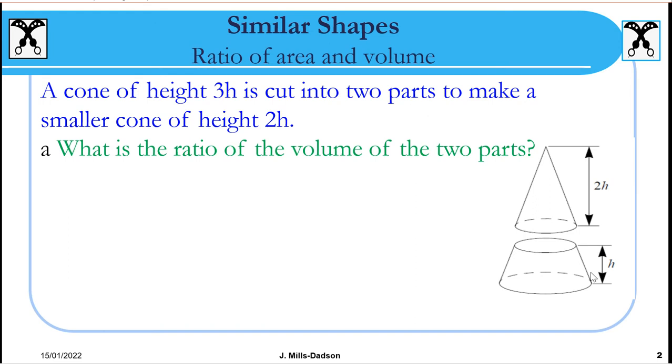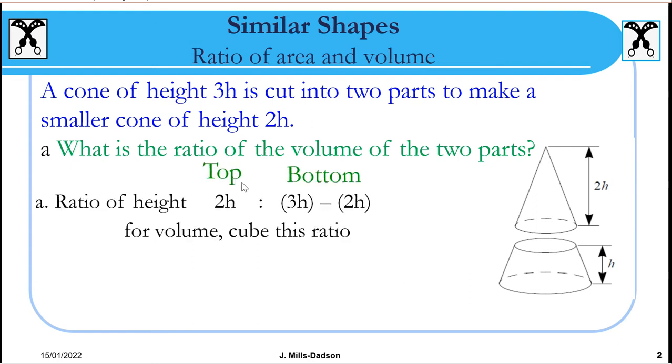It's not right. What you need to understand is that you need to have an expression that will still mean 1h, because like I said, the relationship of height to the surface area or the volume for a cone is not a linear relationship. If it were a cylinder, because everything about a cylinder is just straight upright, it is different. So to start this, the ratio of the top we know is 2h, but the bottom is 1h.